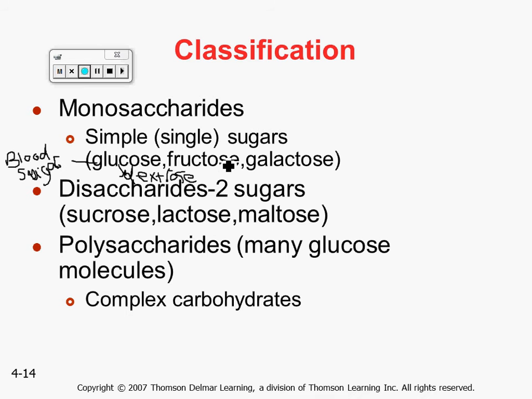All right. What about fructose? Have you ever heard of fructose? What is fructose? Fruit sugars. Where else would you find it? Honey. Yeah, honey. In fact, it draws water really readily, and that's why honey is liquid instead of solid. You know how it gets crystalline, and you can heat it up and melt it?